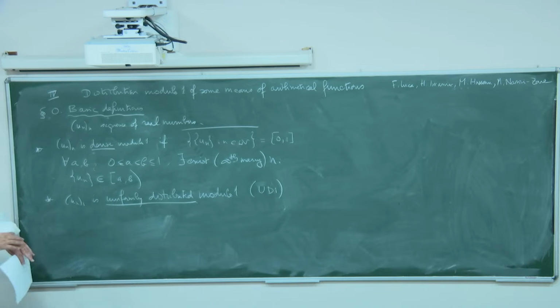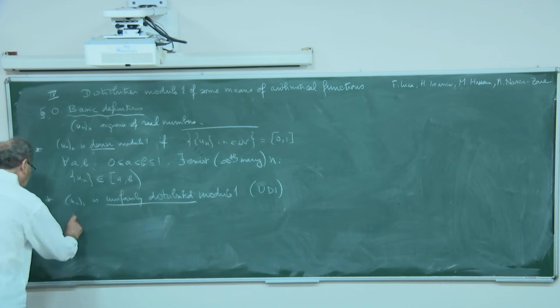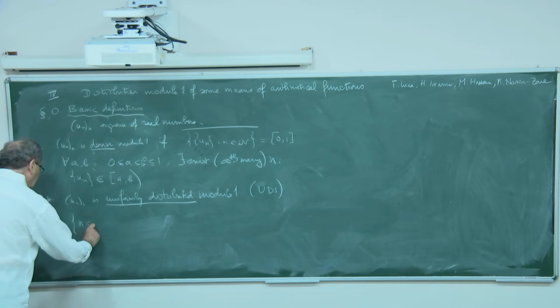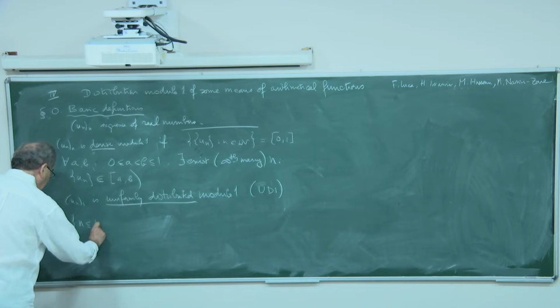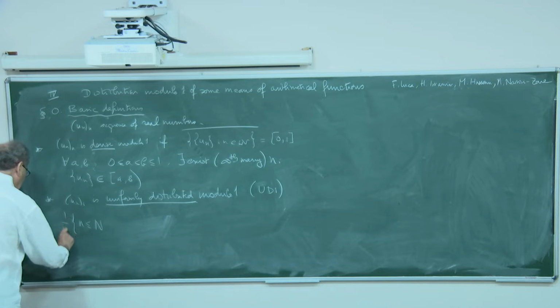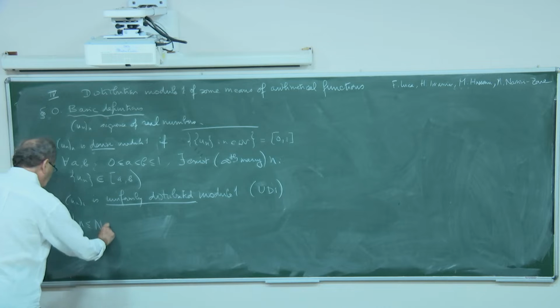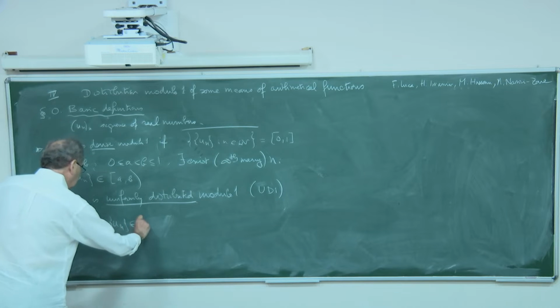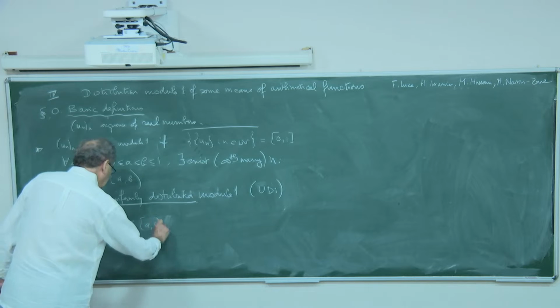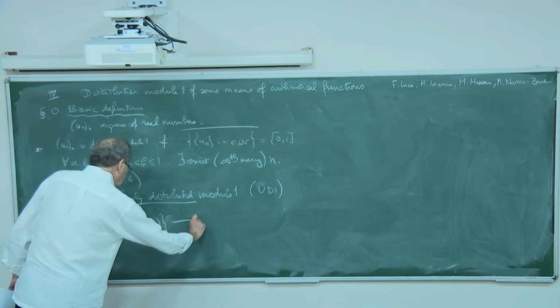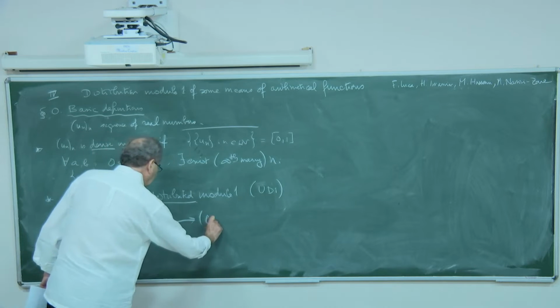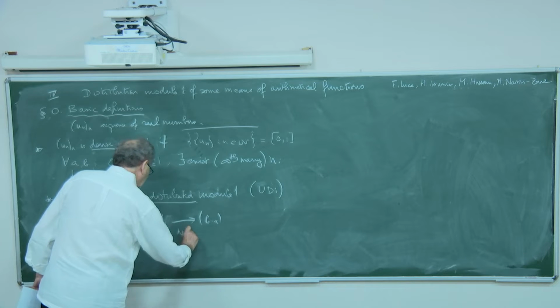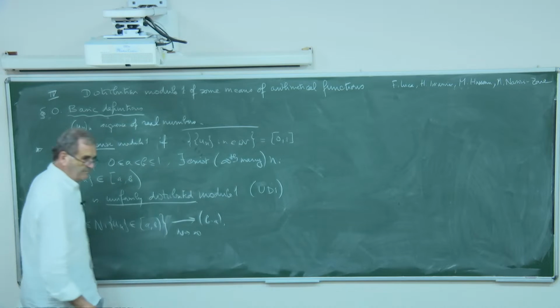What you expect, it is well distributed in all the intervals. So you take the number of n up to N such that the fractional part of u_n lies in the interval (a,b), divided by N, and this is tending to b minus a when N tends to infinity. Okay?